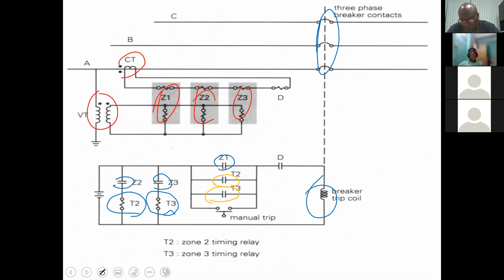Yes, sir. I'm not sure if you said it. What is the... That's an intentional delay contact. I didn't say it. It's an intentional delay where, although you want instantaneous operation as a result of zone 1, you have it in place just to ensure that everything is working properly.